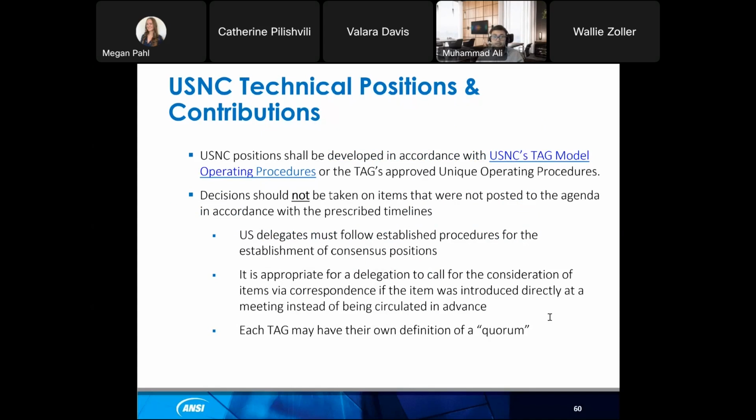US delegates, I think we have already said that US delegates should be aware of the timings and should follow the procedures to establish consensus on the agenda items within the TAG itself on the US position itself.